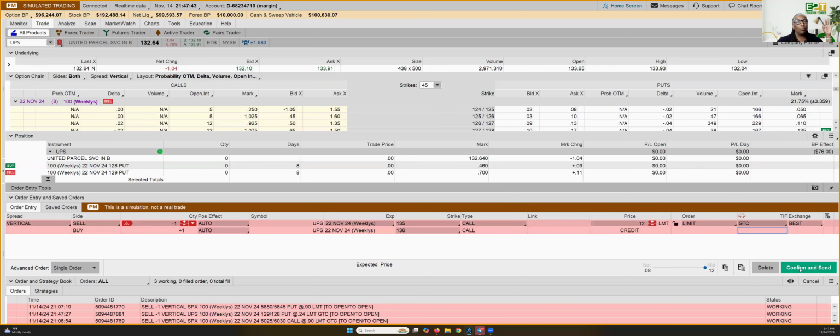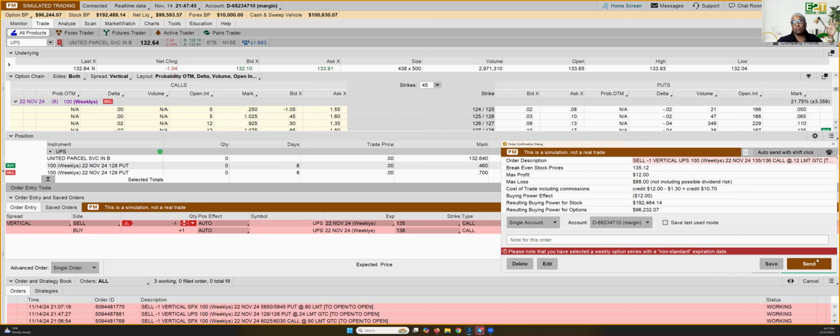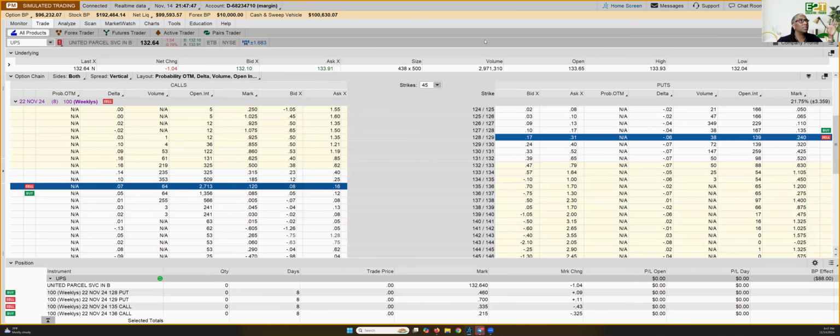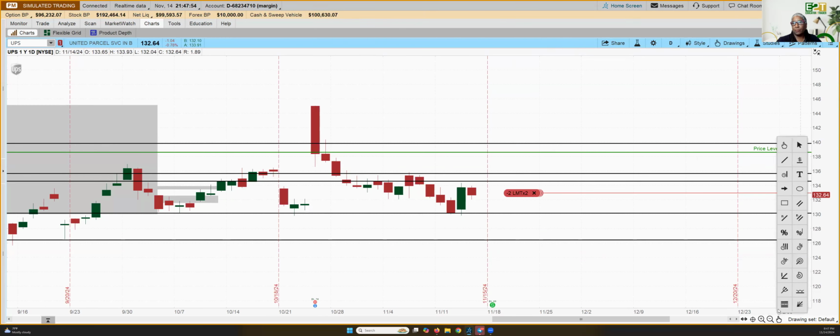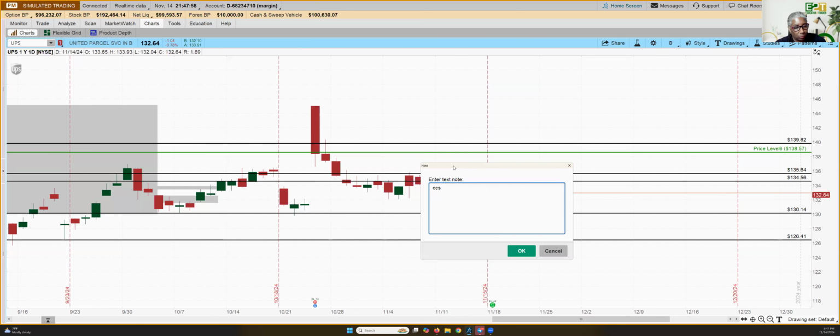And you're above the top of the resistance. Let's go back to the chart real quick. So you're at 135. A call credit spread 135, 136 for next Friday.